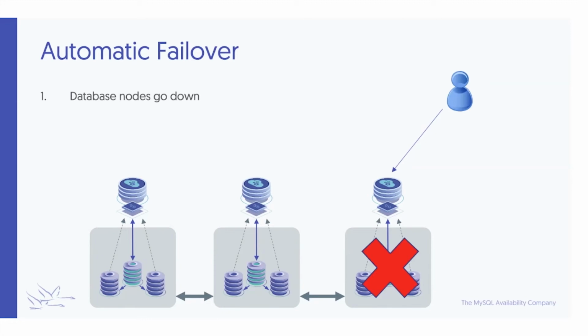Well, it's actually incredibly easy because remember, we have the Tungsten Connector, which is the intelligent proxy, and that's going to help us out here. The connectors will detect that there's no connectivity to the local cluster anymore. The database nodes have gone away.